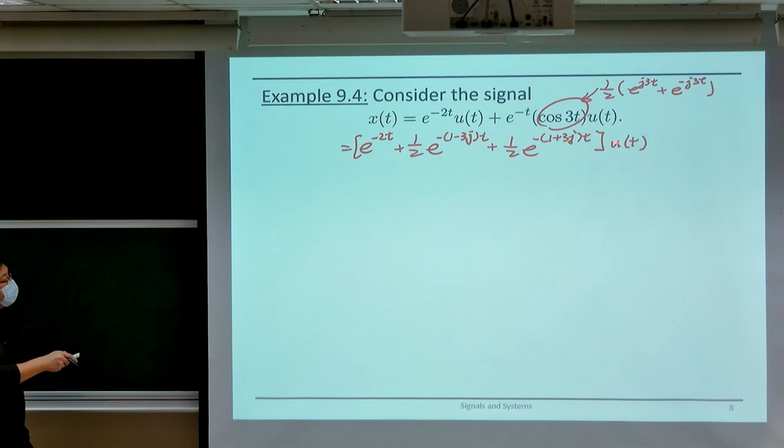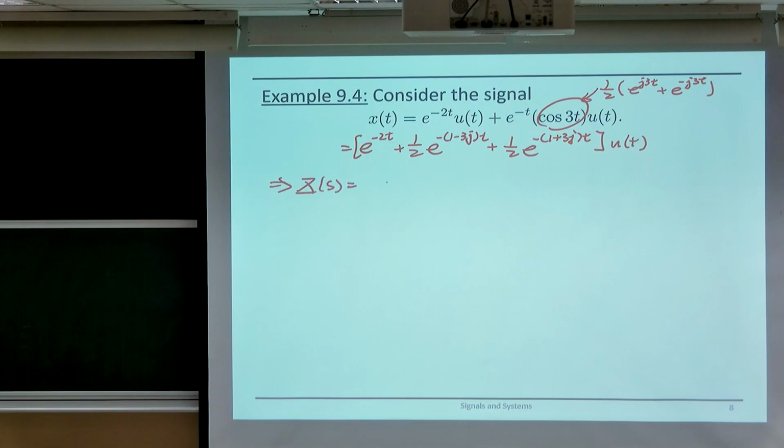So all three of these fit with the form in example 9.1. So again, we can directly obtain the Laplace transform, which is 1 over s plus 2, plus 1/2 times 1 over s plus 1 minus 3j, plus 1/2 times 1 over s plus 1 plus 3j.